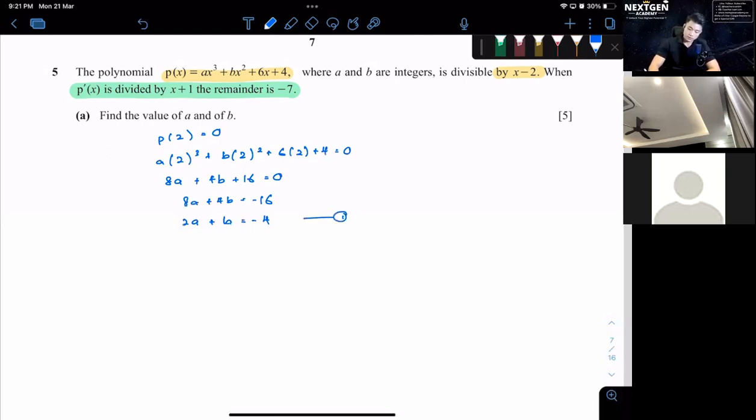Second one, the green color statement: p prime x is divided by x plus 1, the remainder is negative 7. I have to find what p prime x is first, so I have to differentiate it first. So p prime x will be 3ax squared plus 2bx plus 6.